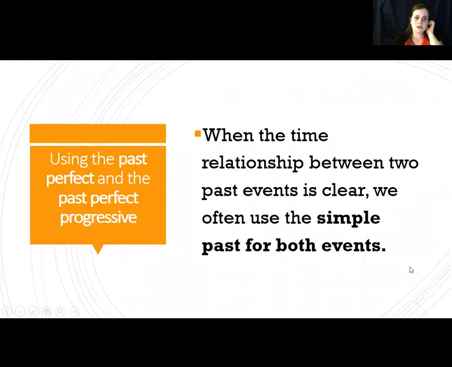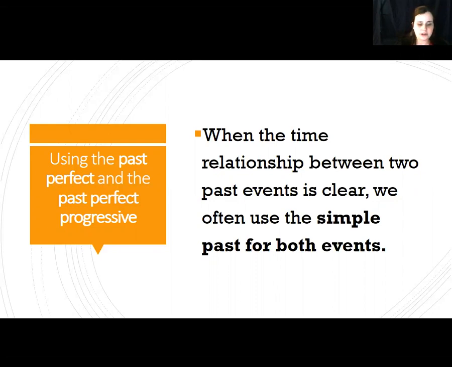So then, using the past perfect and past perfect progressive just a little bit more. When the time relationship between the two past events is clear, we often use the simple past for both events. So you will not always use the past perfect or past perfect progressive.